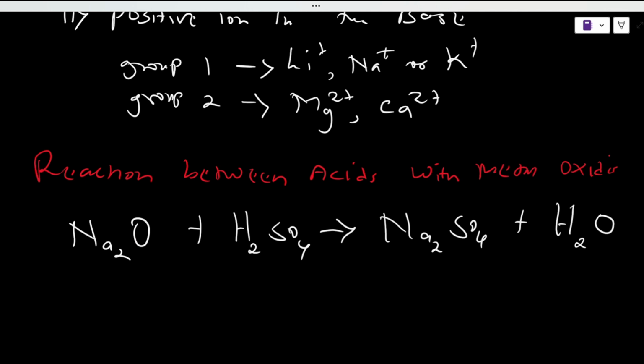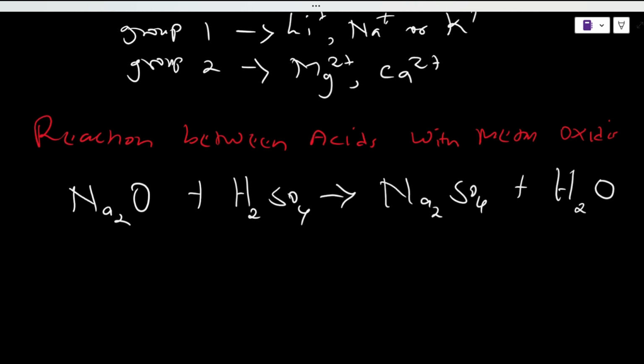Now, if you look at that given reaction, you'll realize that the reaction is balanced. There's nothing you can do to balance it. It is already balanced. Another example can have HCl reacting with copper oxide.